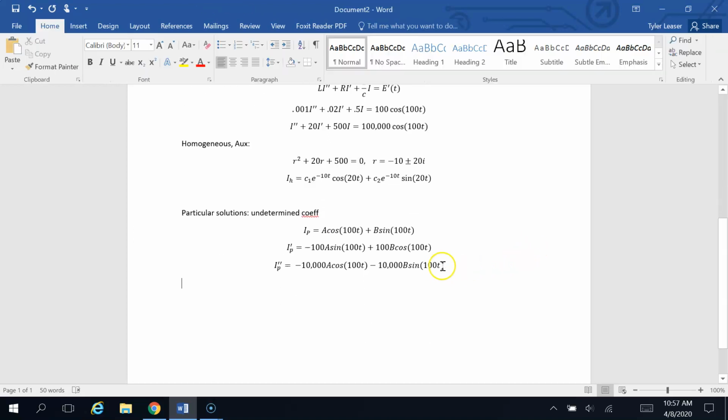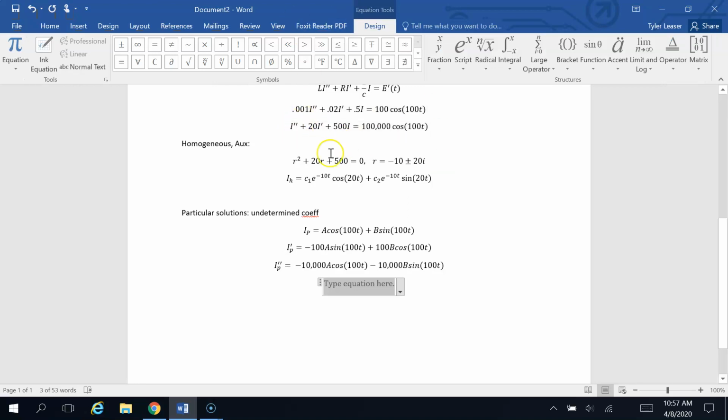Okay, now taking these and plugging these into my differential equation, we're going to have the second derivative here, so negative 10,000 a cosine of 100t minus 10,000 b sine 100t. All right, it's going to be that plus 20 times the first derivative, negative 100 a sine 100t plus 100 b cosine 100t.